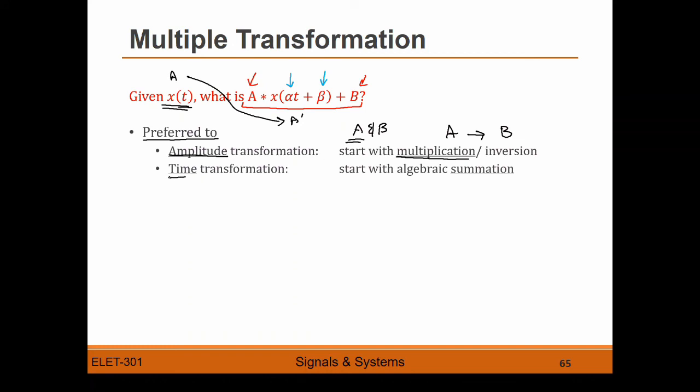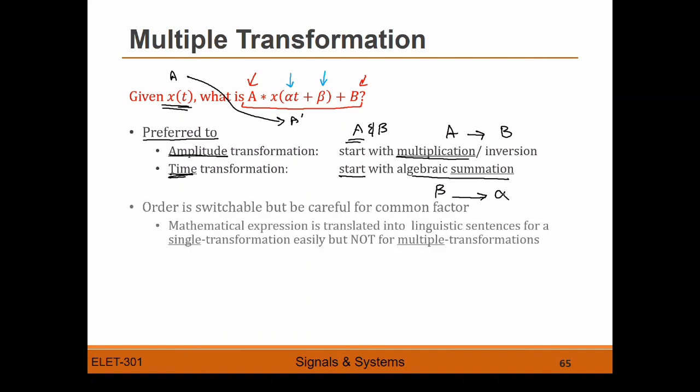Now, what about time transformation? Move from amplitude to time transformation and start with the summation. Now we have alpha and beta, so start with summation, meaning beta first, then go with alpha. So do beta first, then do alpha next.